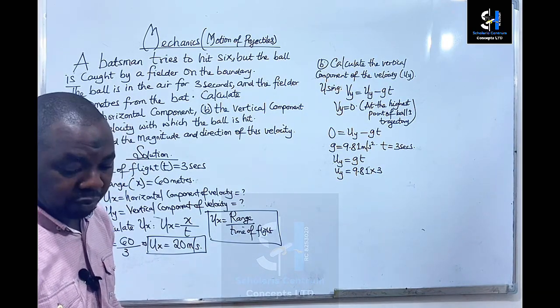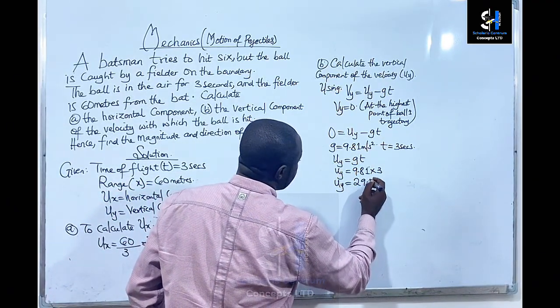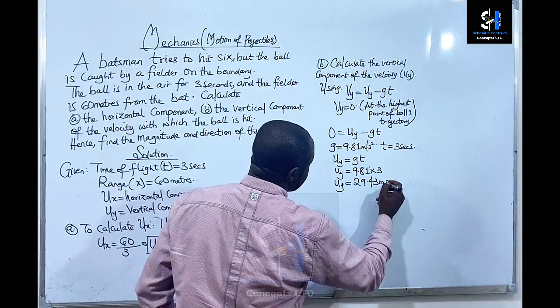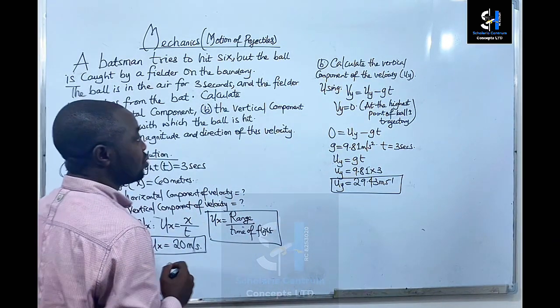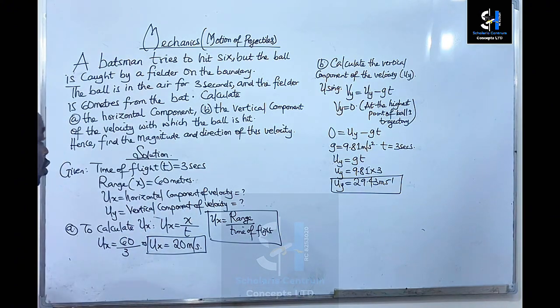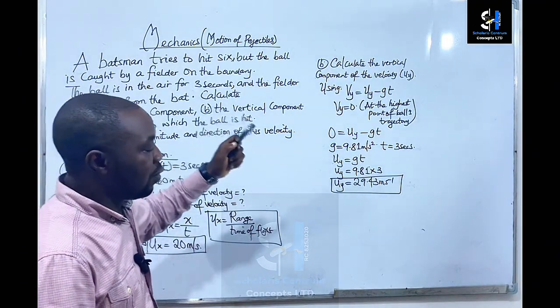That will be 29.43 meters per second. So this is Uy, the vertical component of the velocity with which the ball is hit.